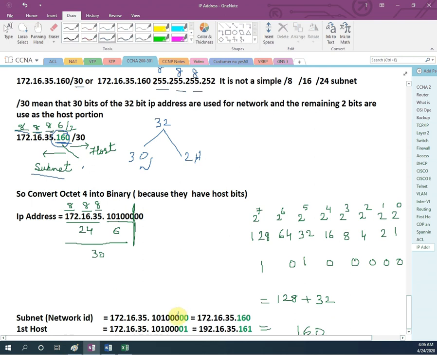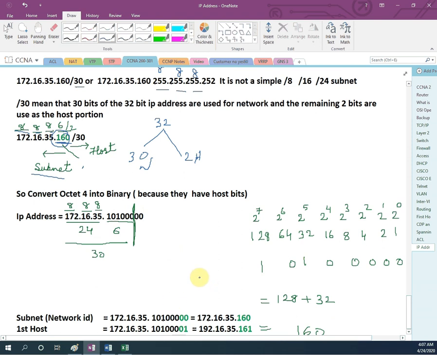Till here, if I put the line here, till here we have the network portion. Let me take this pen. Actually I selected something wrong. So see here, from here to here, before the green color, this portion is the network portion.